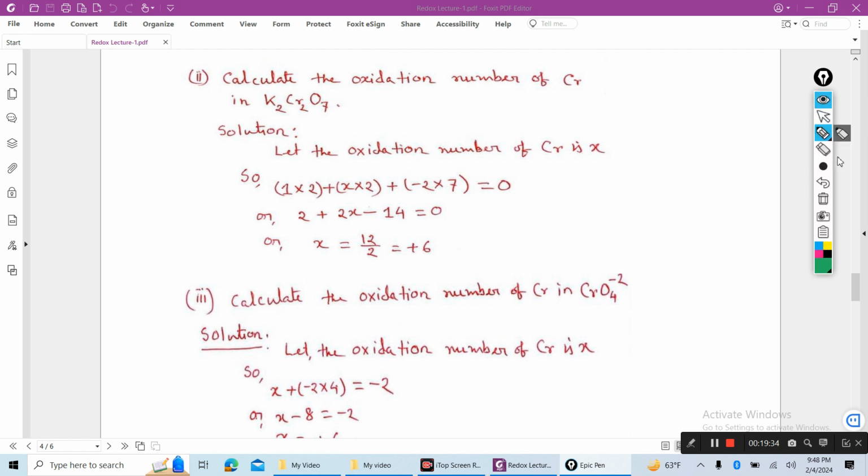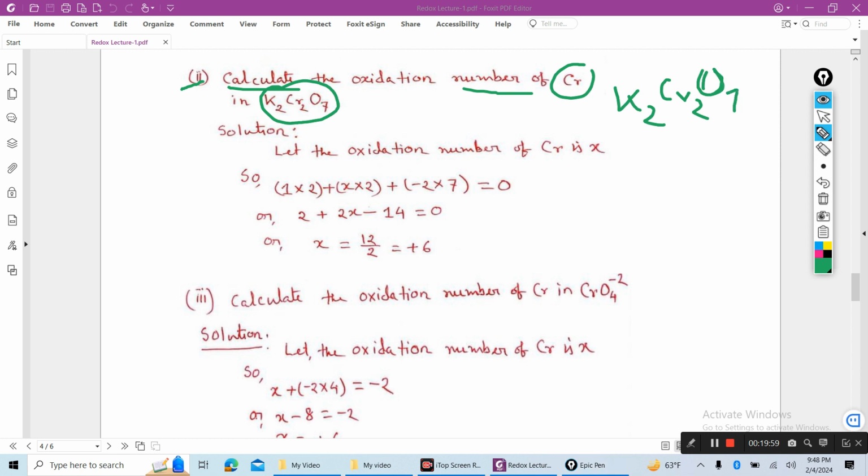Now you can see the second one. Number 2, calculate the oxidation number of chromium in K2Cr2O7, potassium dichromate.